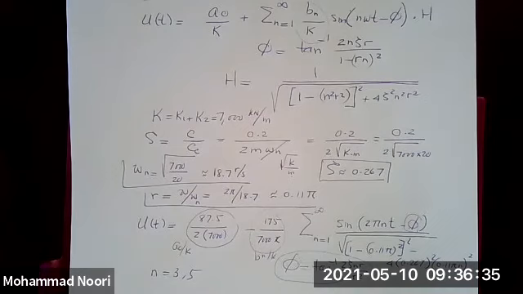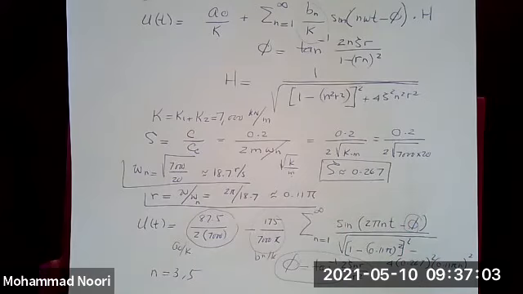I have not done that for a particular value, but if you want, you can just use, say, 3 terms and find the value of this summation, and then you have the displacement of the system due to this forcing function.